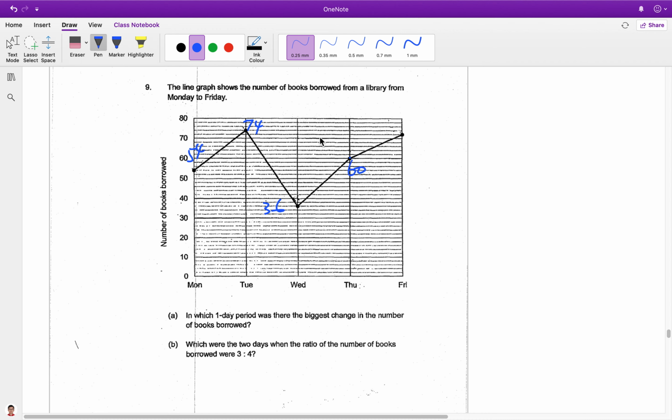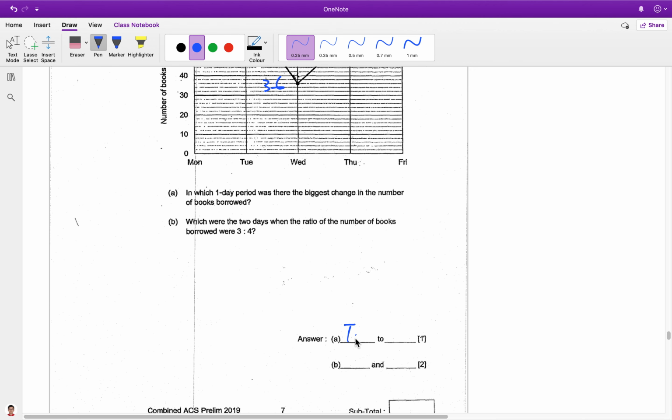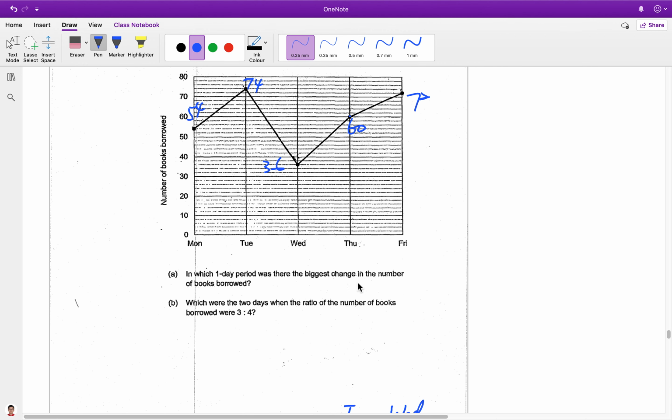This one have 72, right? So from which day to another day is the biggest change? Well, from this one we see very clearly this one drop sharply, right? Whatever, this one increase a bit, drop sharply, increase a bit. So this one drop sharply Tuesday to Wednesday, right? Biggest change.